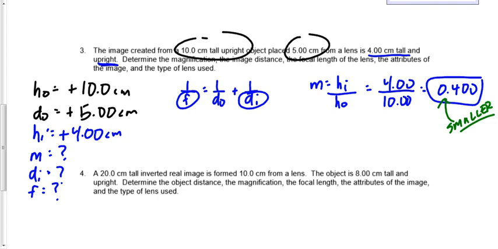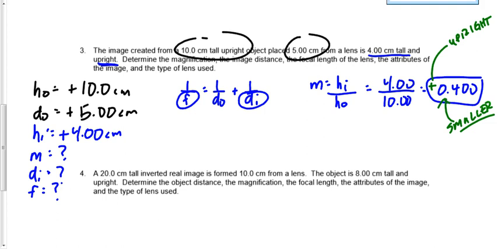So when you look into that lens, or when you project it onto the screen, it appears smaller than it really is. Because it's a positive magnification, the image is going to be right side up or upside down. Alex? Oh, CJ? Right side up, good. Excellent.